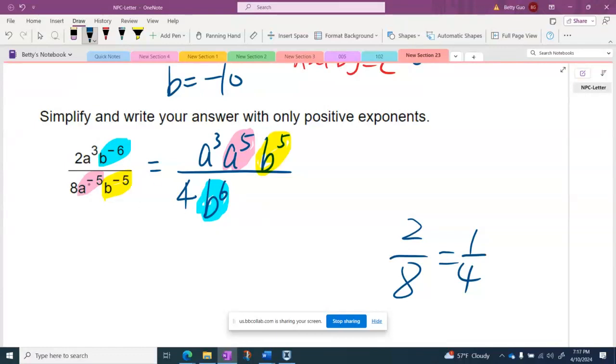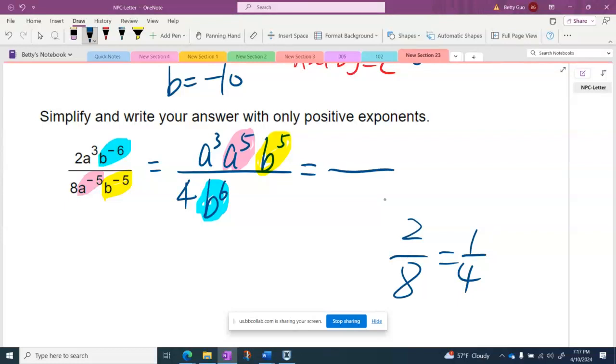The pink has a negative sign in the bottom. Once we remove the negative sign, we put it on the top, the numerator. And the yellow has a negative sign in it. We remove the negative sign and we put the yellow on the top. Do you see that? I hope the color thing would help us to understand.